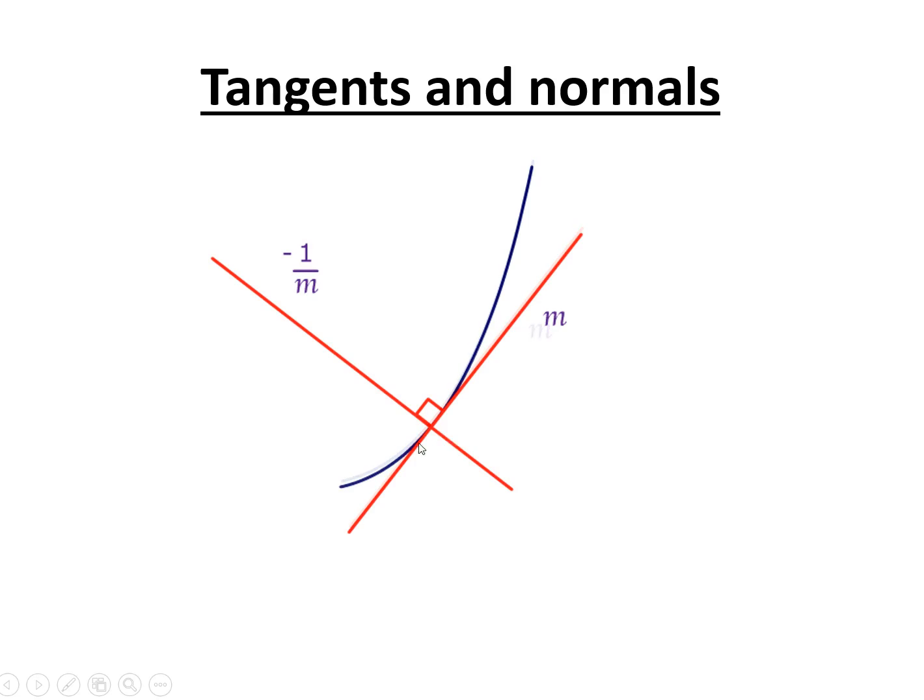For a normal, it runs perpendicular to the curve, so minus 1 over m, so if you want the normal you take the negative reciprocal of this gradient here, and that gets you the normal running in this direction. Just a quick equation to relate to gradients that are normal to each other, m1 times m2 equals minus 1.